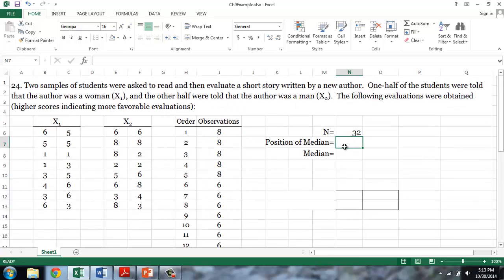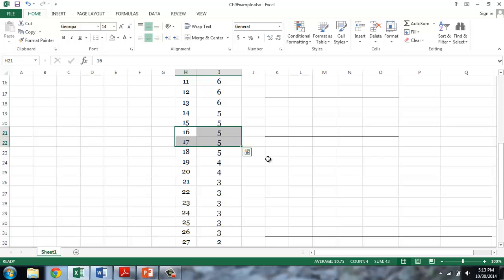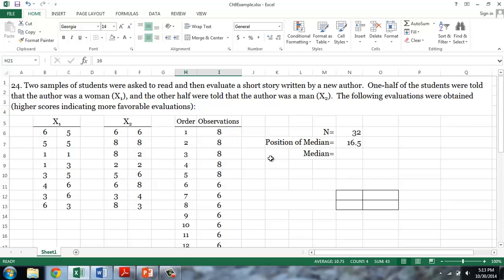Next, I want to determine the position of the median, which, if you recall from an earlier video, is equal to, in parentheses, our n, in this case 32, plus 1, divided by 2. So our median is between the 16th and 17th observation. In this case, it's the average of 5 and 5, so our median is 5.